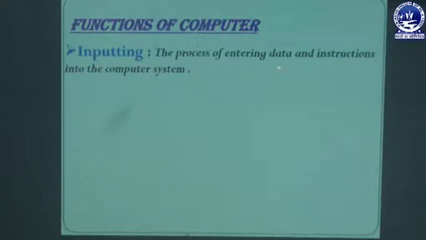So what does that mean, data and instruction? Whenever we are giving some data, like I want the result of 50 multiplied by 5. What do I want? I want to multiply 50 with 5. So the data are 50 and 5. Then what do I want to do? I want to do the multiplication.